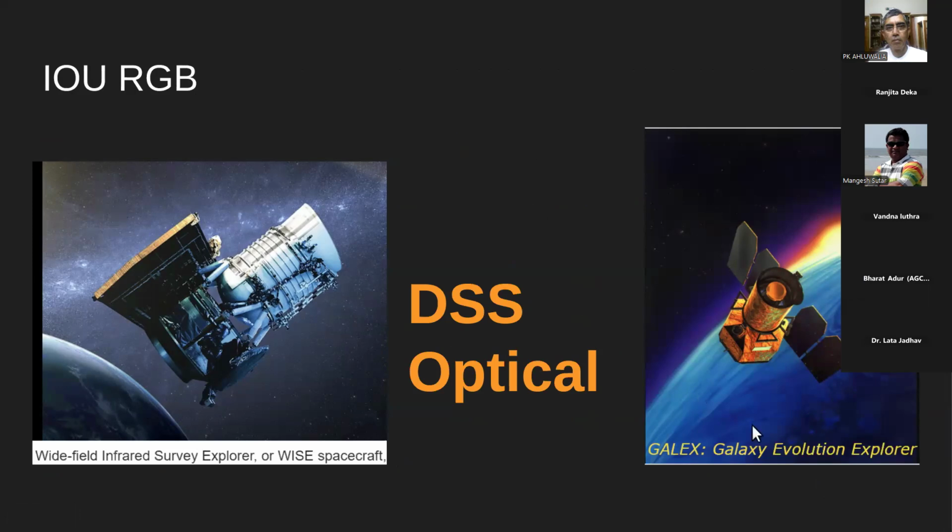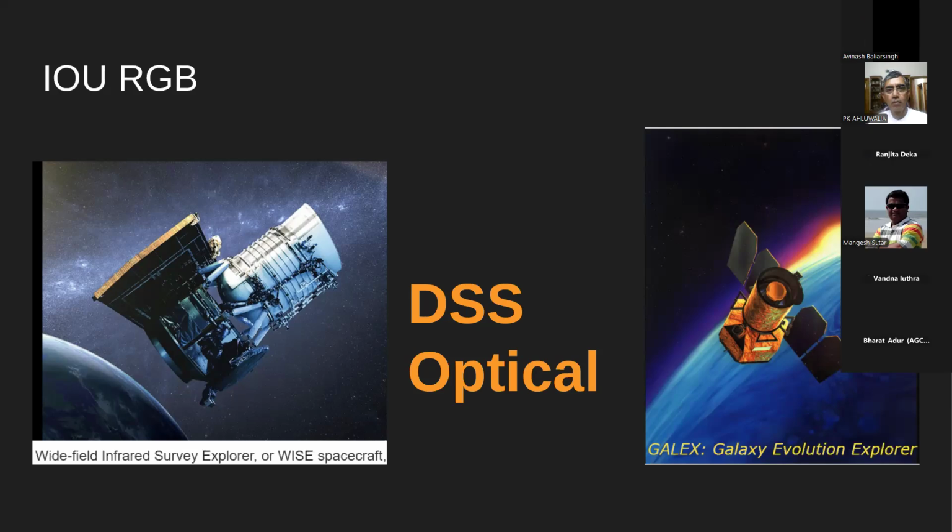An ultraviolet telescope, again by NASA, called GALEX. An optical telescope, old data, called DSS, Digitized Sky Survey. To combine these three images with a web tool, students will put the galaxy name. Three pictures in UV, optical, and IR will be combined together and shown to the student to understand what it is saying.